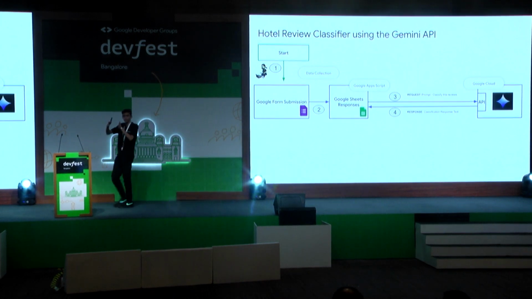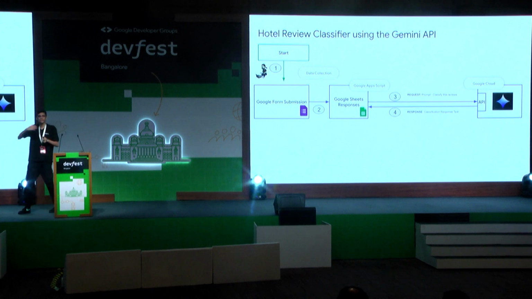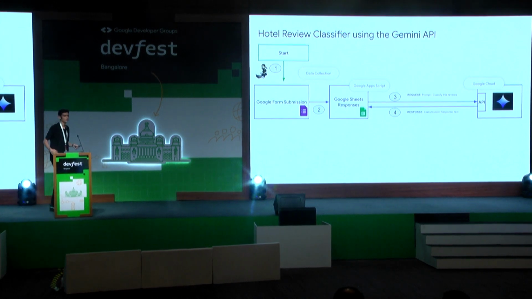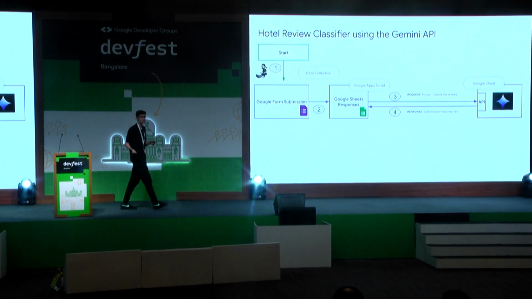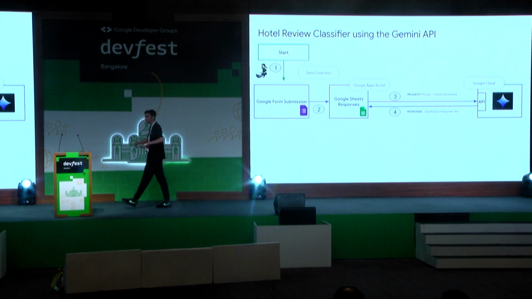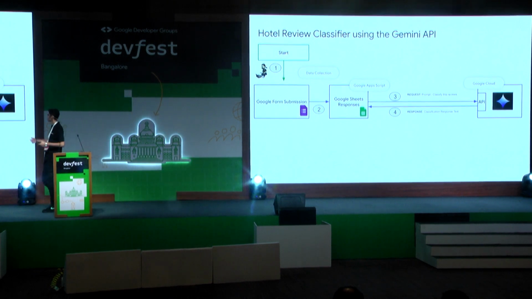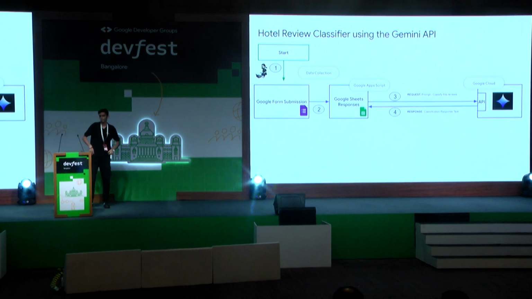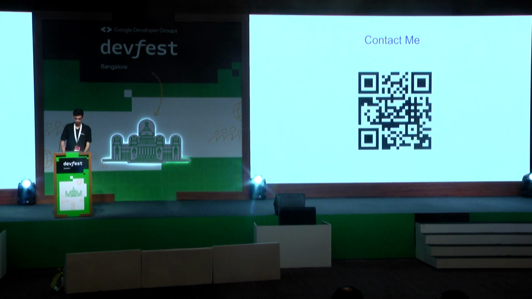Since Gemini API is on Google Cloud right now, we don't need to create a project, add the API, and do it. This is directly using REST APIs that you would know. So I send a post request, and I would say, classify the reviews, tell me what it is, and in response, I'll get a classification response back into my Google Sheet. So that is what we are trying to achieve here.